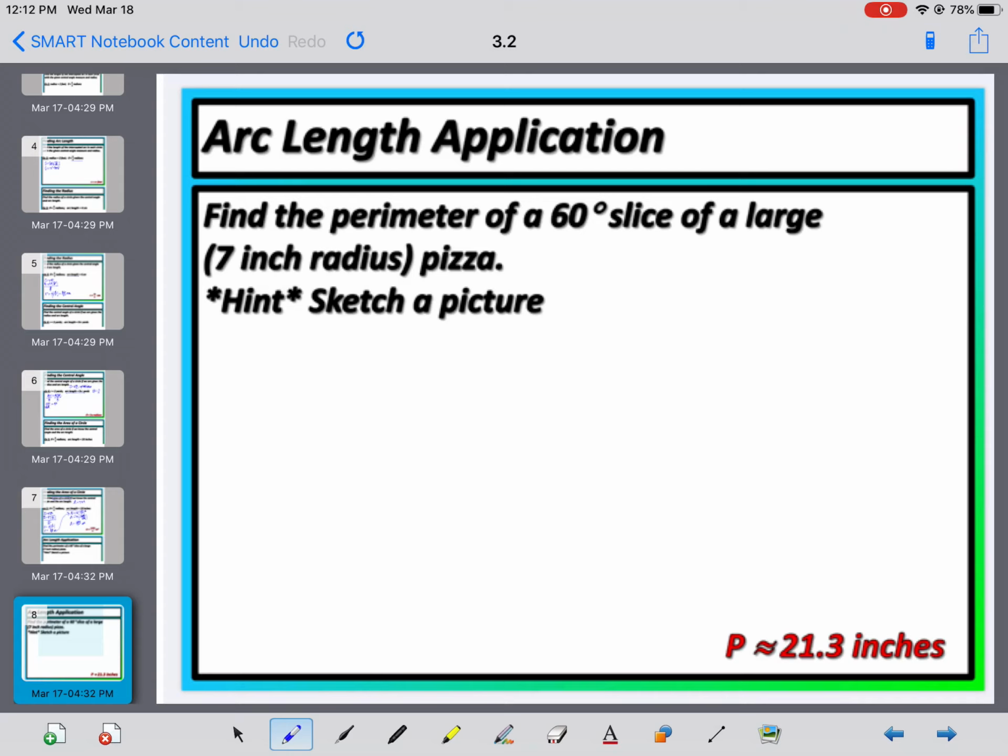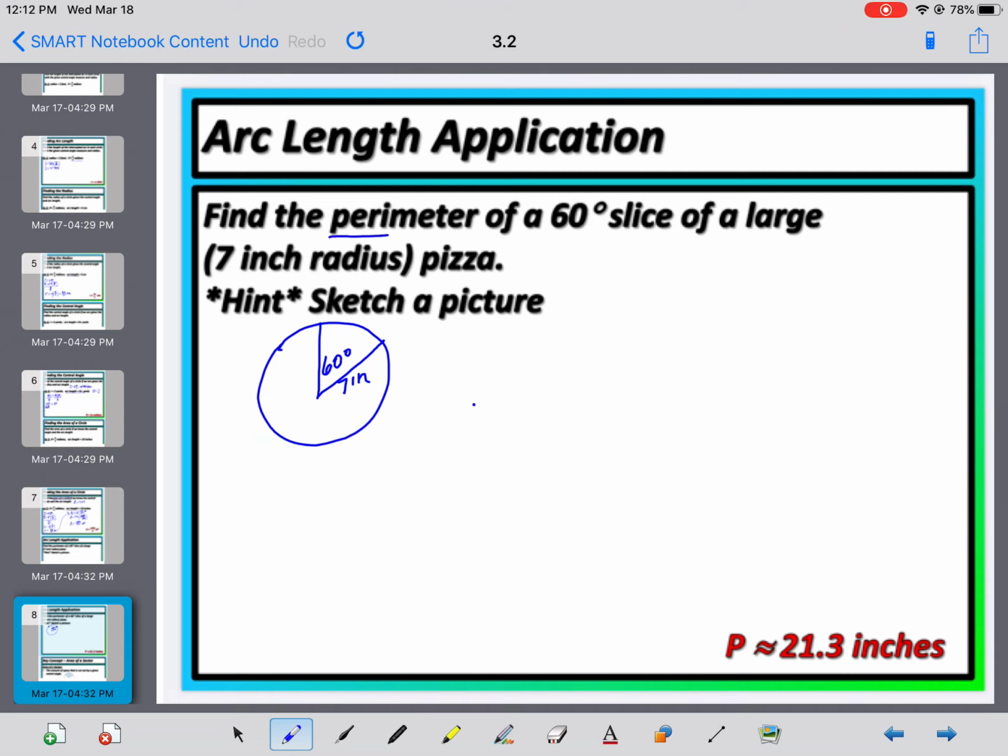Find the perimeter of a 60-degree slice of a large pizza. They're telling me that this has a 7-inch radius. So I'm going to draw a picture. Here's my piece of pizza. It's 60 degrees, and my radius is 7 inches.